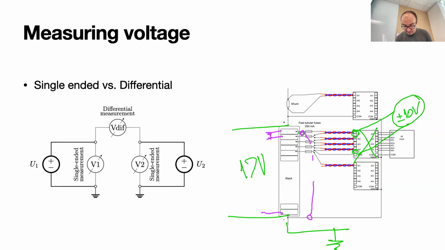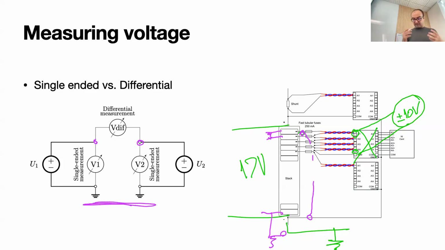The last cell is measured towards the ground, but all the other cells are measured relative to each other. And this is called a differential way of measurement. We're measuring two potentials against each other and not towards the ground.